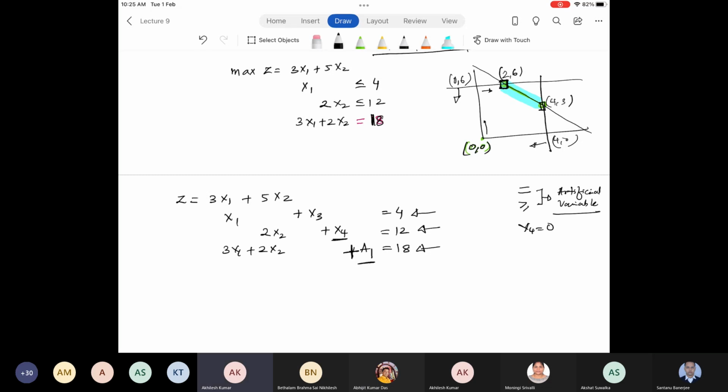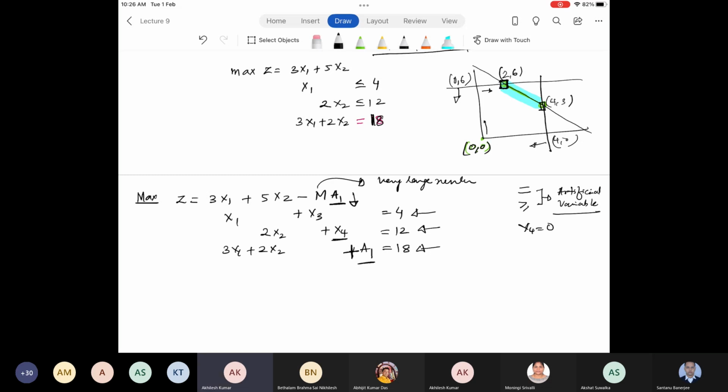Okay, so generally, I'm just giving you the big-M method as an example, but I will only discuss two-phase. We can penalize because we are trying to maximize this. If I penalize with minus a very large number M into A1, whenever A1 tries to take a value, it will decrease the objective function value.